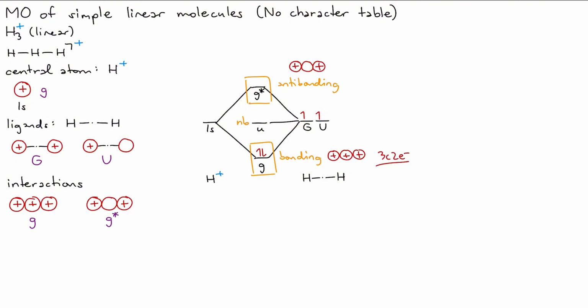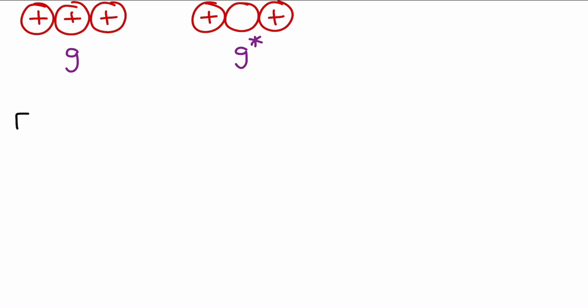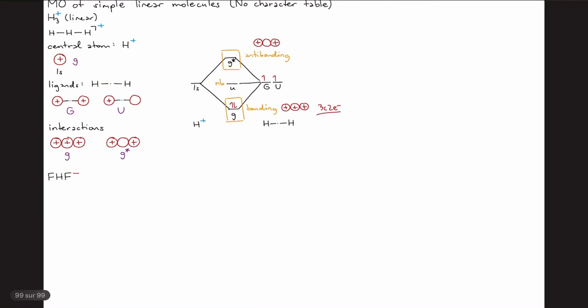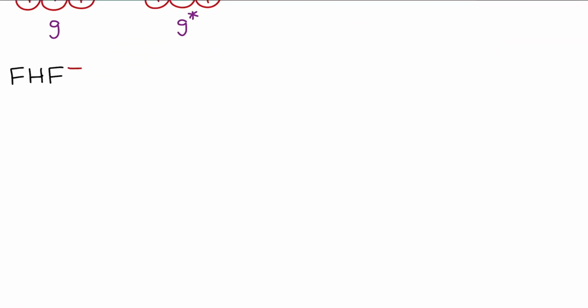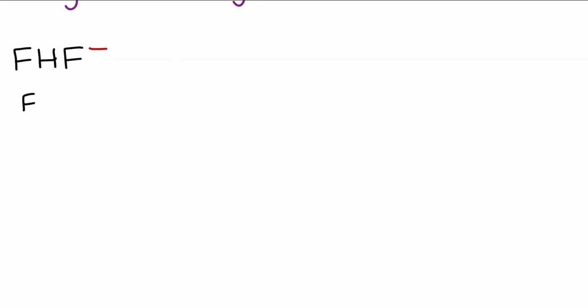Let's move on to something more complicated, like this anion. This anion is linear, and the shape of this anion looks like this, with the hydrogen in the middle carrying the negative charge.